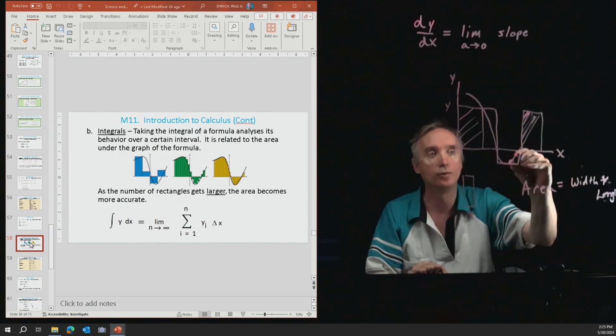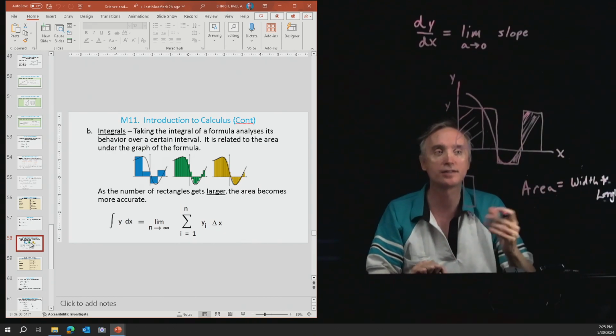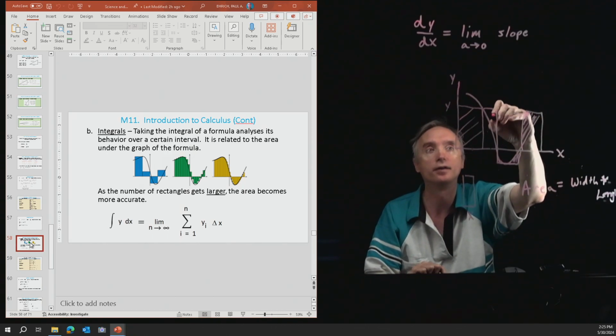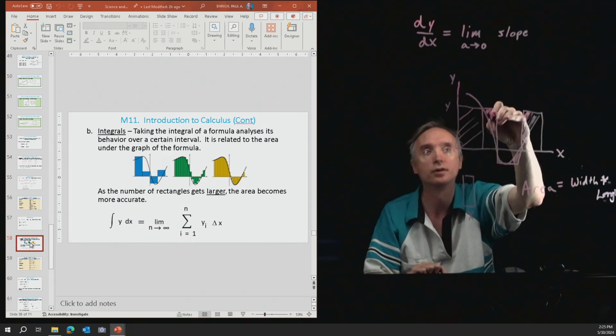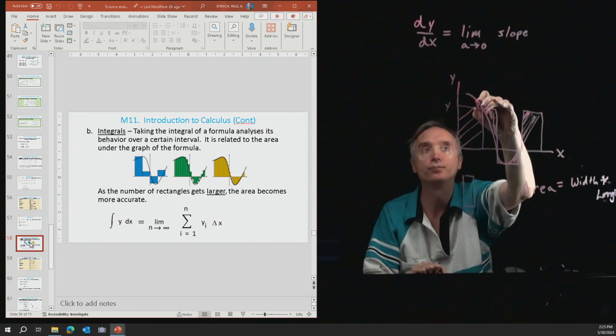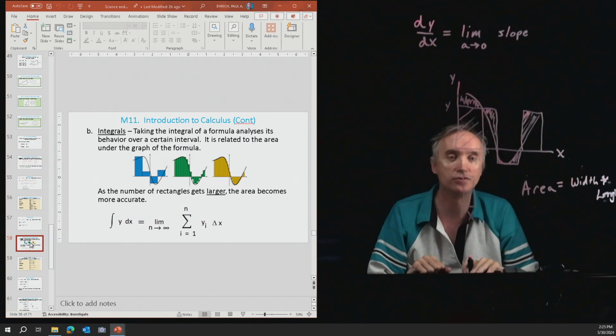What about this part right here? You see how that's not being used. And similarly, this part over here and this part up here. So you can see that there's a lot of error in doing that.